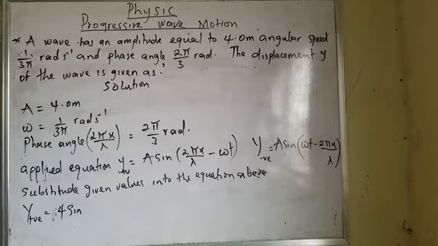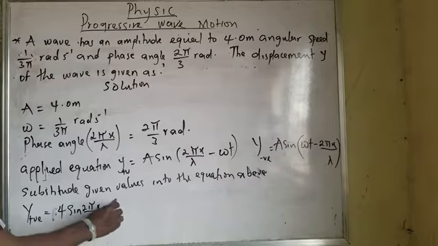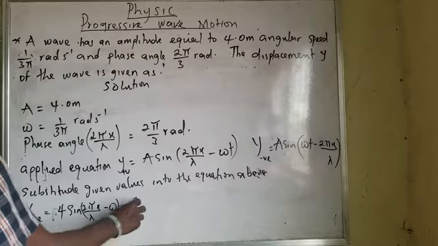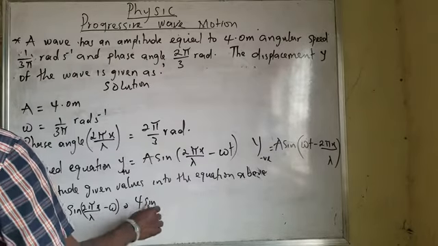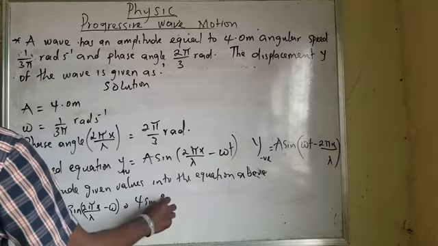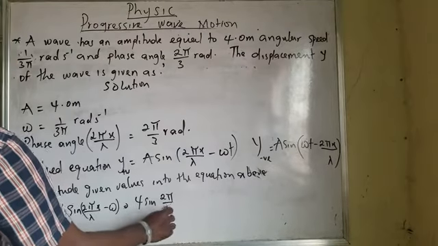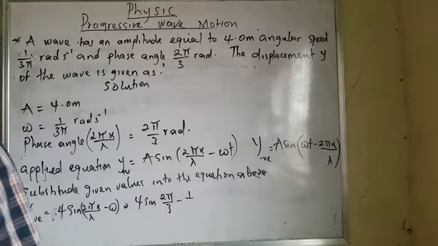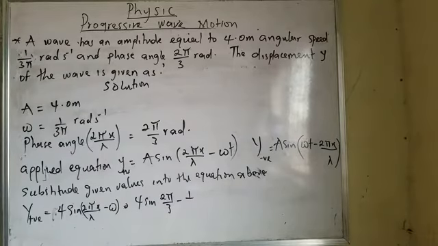I'm talking about 2 pi x divided by lambda minus angular velocity, which implies 4 sine of 2 pi over 3 minus 1 over 3 pi, because my angular velocity is 1 over 3 pi.